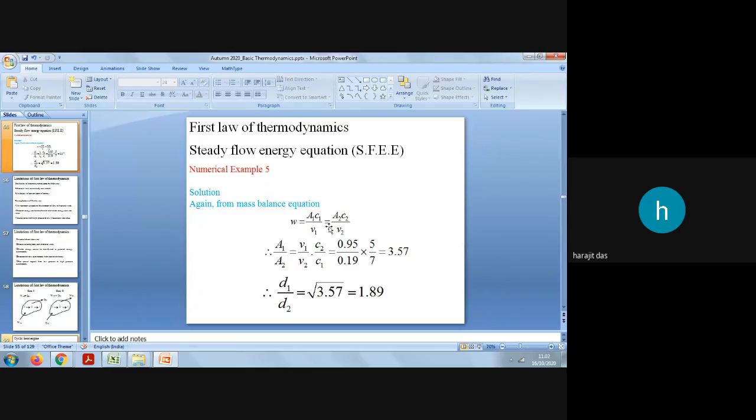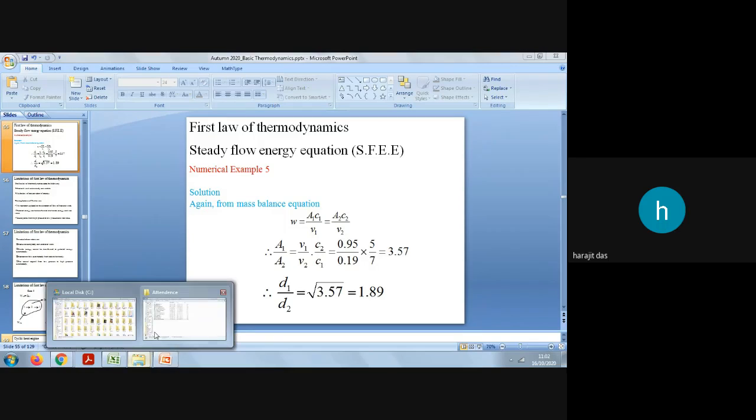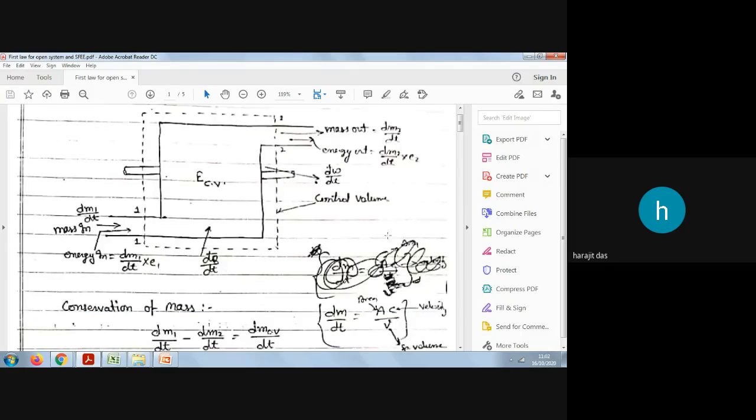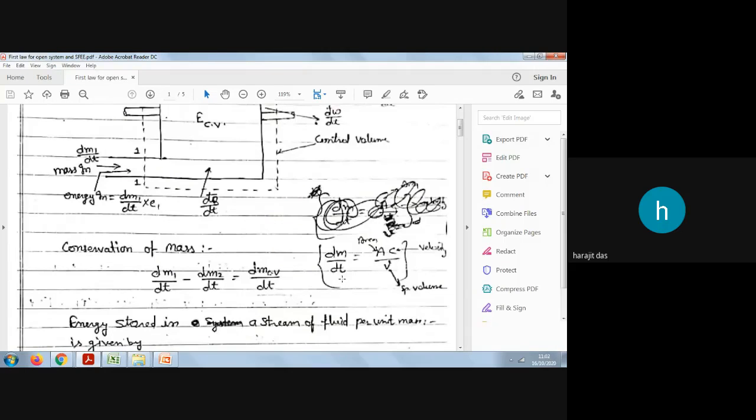I told you to strike it out, but actually that mass flow rate is actually AC by V. So this dm by dt mass flow rate, you can write as AC by V, where A is area multiplied by velocity, divided by specific volume. That is why in the conservation of mass you can write AC by small v. Understood?